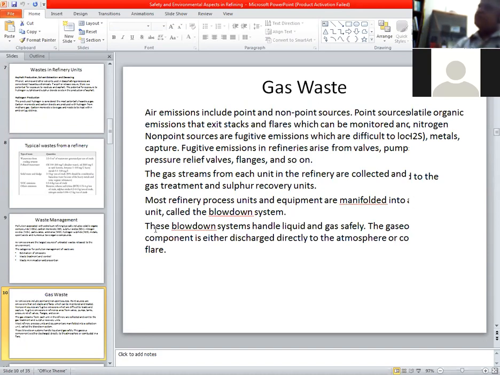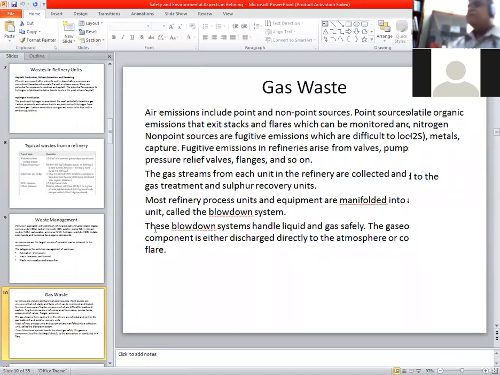So gas waste, what are they doing? We simply burn it out by the flaring system. All the gas is collected in the manifold, which is called the blow down system. This is actually the gas treatment process.